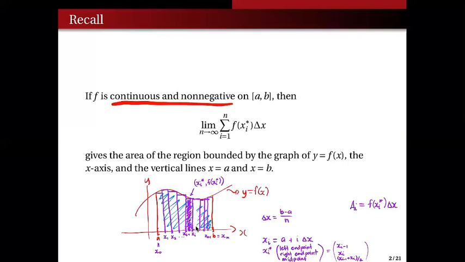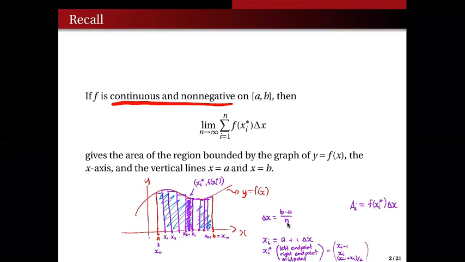In order to get the actual area, we take the limit as n approaches infinity, meaning we increase the number of subintervals, we increase the subdivision, so that this delta x here will be very, very small.